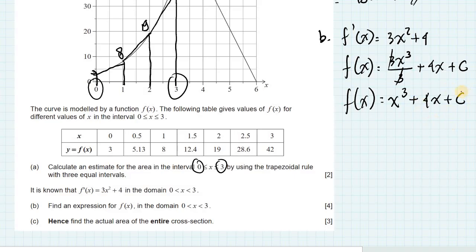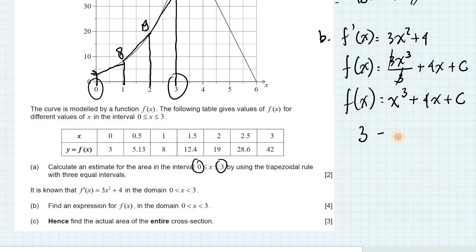Now to find c, we have to borrow a value from the table here. You can use 0, 1, 2, 3, it's up to you, but the easiest way is always to use 0. When x is 0, fx is 3.